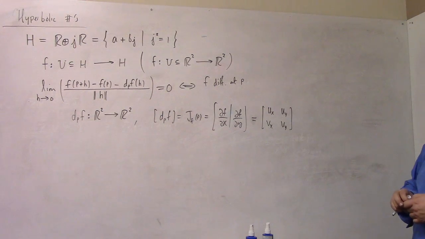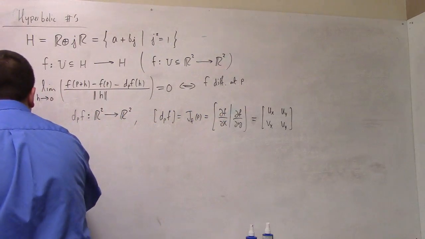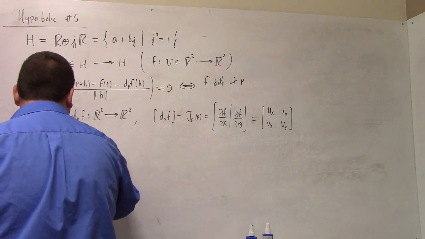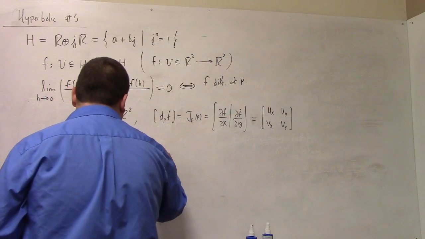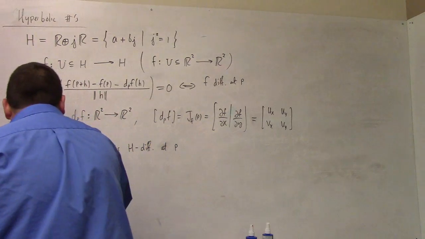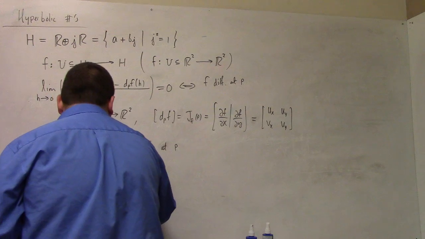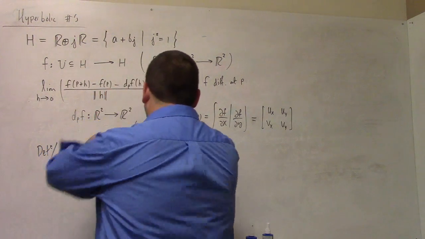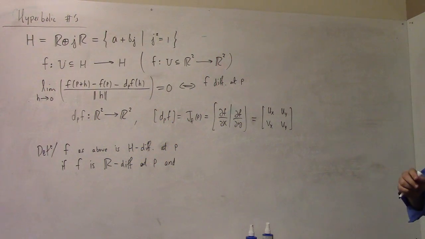Now, to say f, as above, is hyperbolic differentiable at p: f is real differentiable at p, in other words the Frechet derivative exists, and there's another condition.